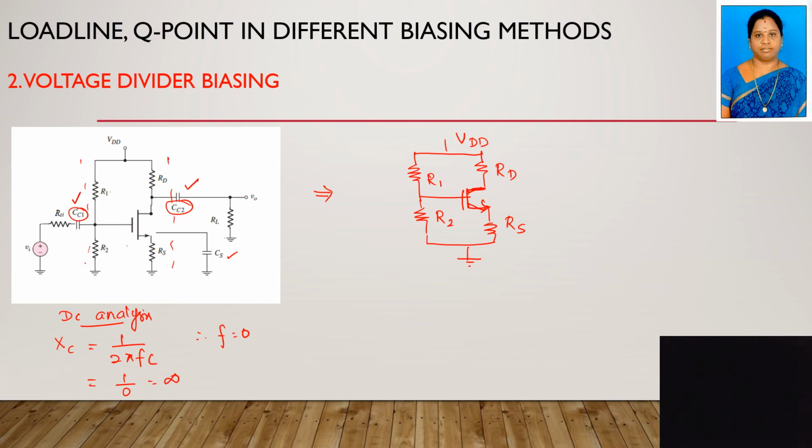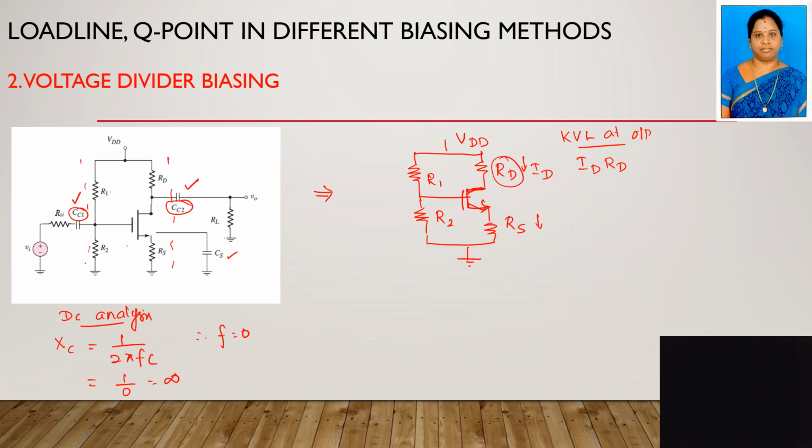Now I told you, we have to apply KVL at the output side in order to draw the DC load line, right? So how to write the KVL equation here? Applying KVL at the output side, you will be getting ID into RD, because the current flowing through the RD is ID.